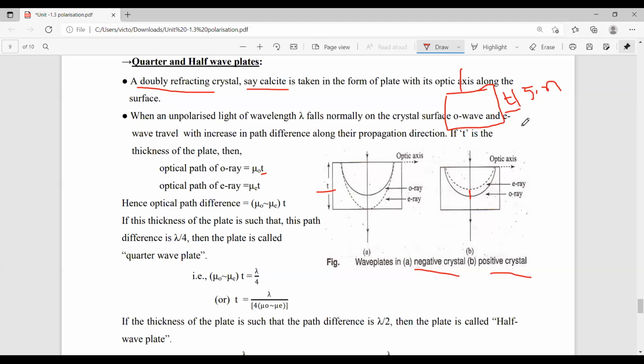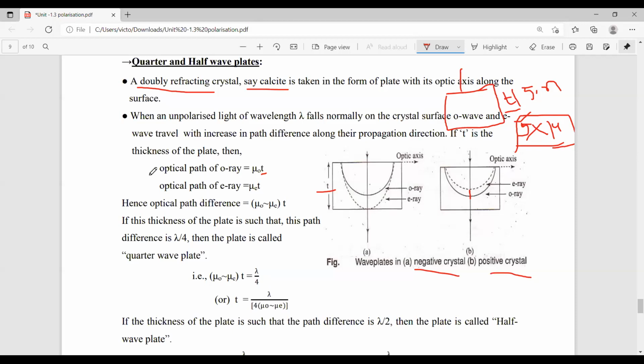Then the answer is 5 into the refractive index of that room. So we cannot write just the distance the light travels. We compulsorily multiply with the respective refractive index of that medium. Then this total value is equal to the path traveled by the light.